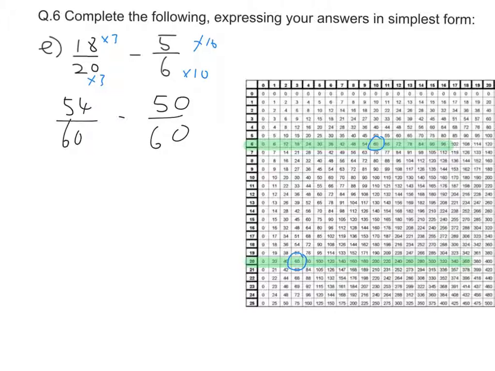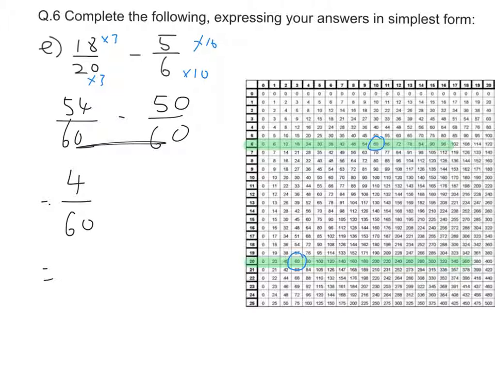Okay, so now I've got the same denominators. I can go ahead and minus the numerators. So 54 minus 50 equals 4. I keep the denominator the same. Am I able to simplify this further? Yes, I can. So now I'm looking for one number that goes in the same row or the same column.